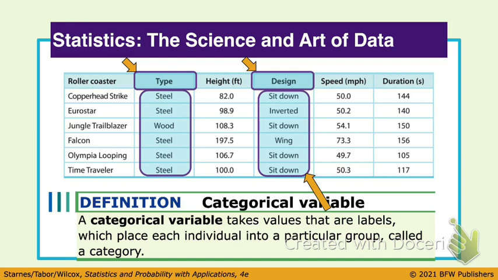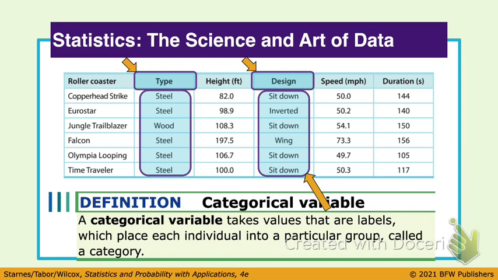So for example, under type, it looks like there are categories of steel or wooden roller coaster. Under design, it looks like there are categories of sit-down, inverted, and wing coaster, whatever that is. So categorical variables, those are going to be the variables that give categories. We put the individual into categories.